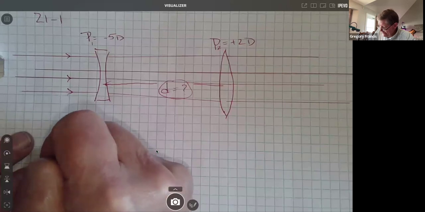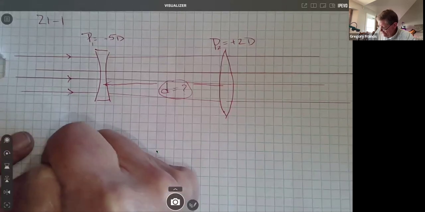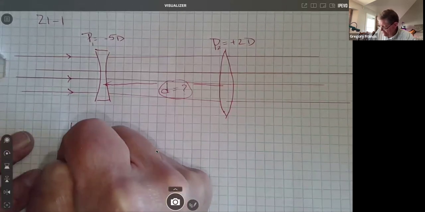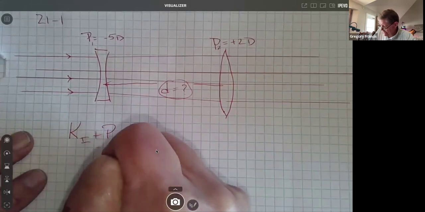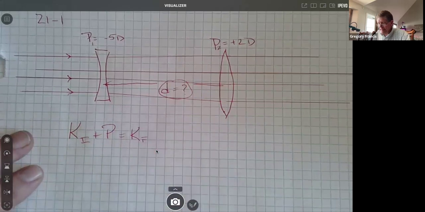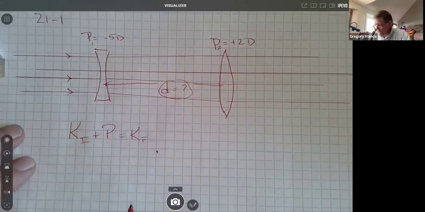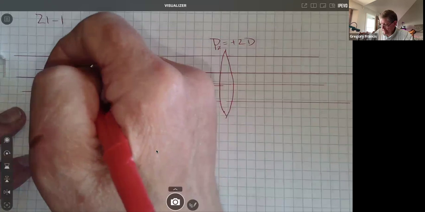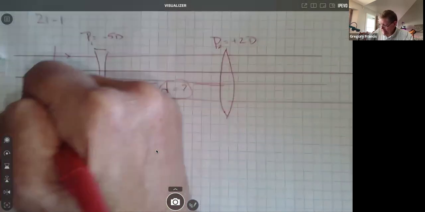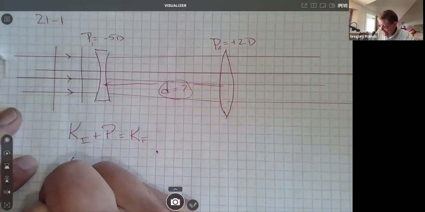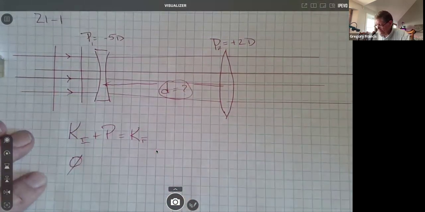Well, if we use our formula, K initial plus the power is equal to K final. Well, this is pretty easy because those parallel rays have zero curvature. Okay, they're not curved at all.